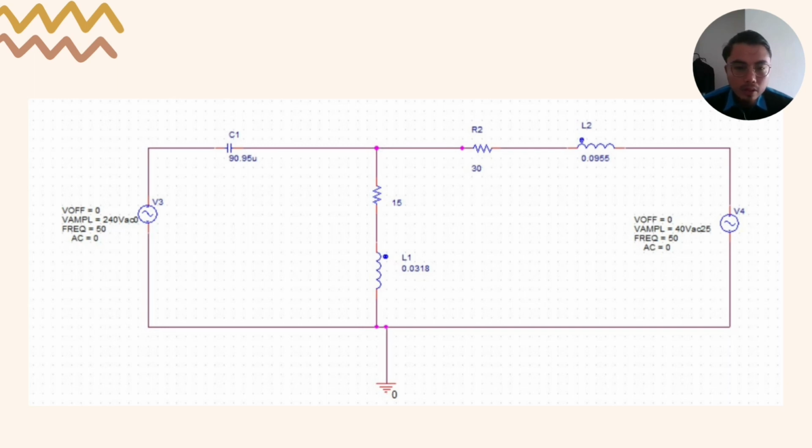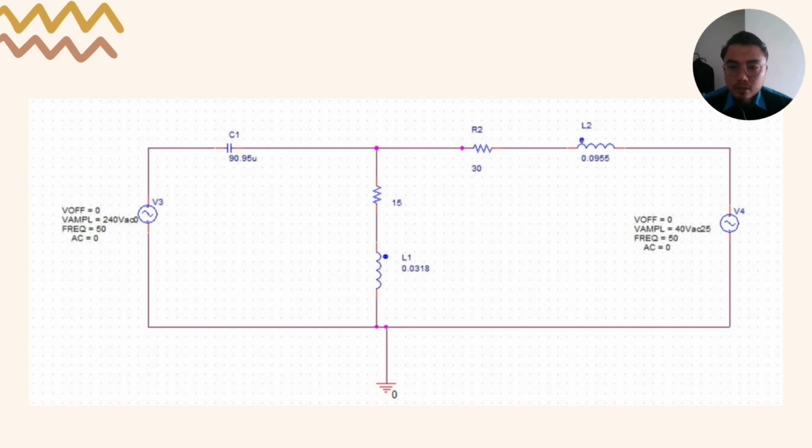I will explain the circuits and compare the manual calculation with the software calculation. To get the value of C1, capacitor 1, in the simulation, the value is 90.95 microfarad.